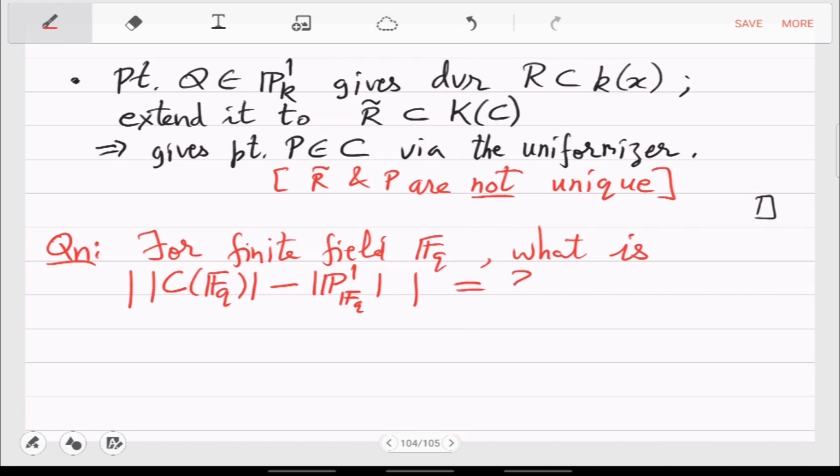So what is this? Okay, that's the question. And this of course is equal to Q plus 1.